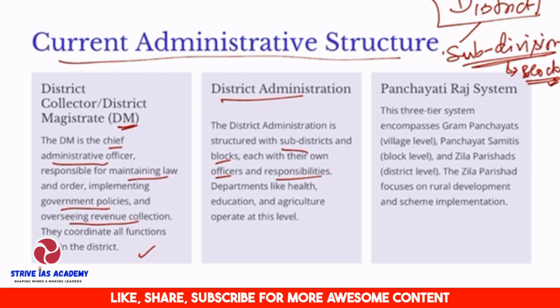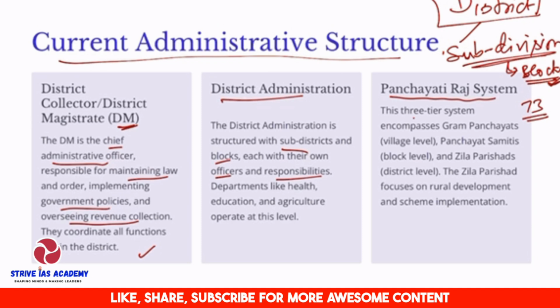Now, all those blocks have one block development officer. In some states this officer may be called by different names, but there will be a block development officer who is the head of the block. Then, for the administration of the district, there is another system created by the 73rd Amendment Act, that is the Panchayati Raj system.